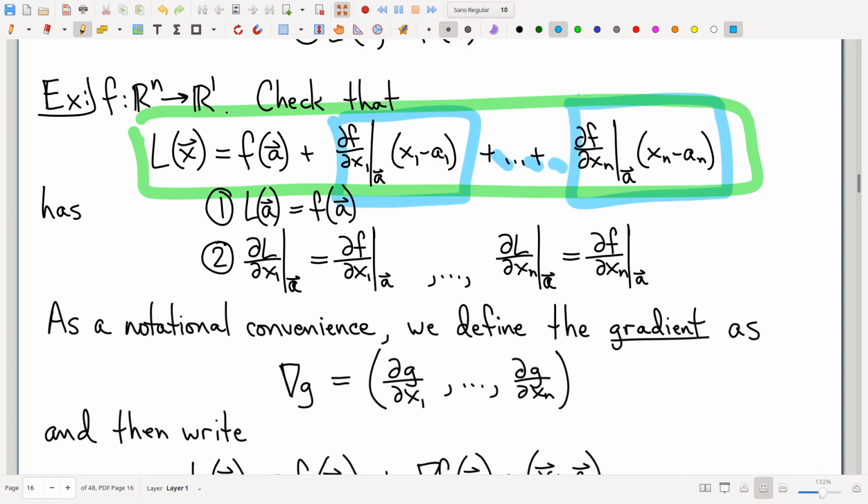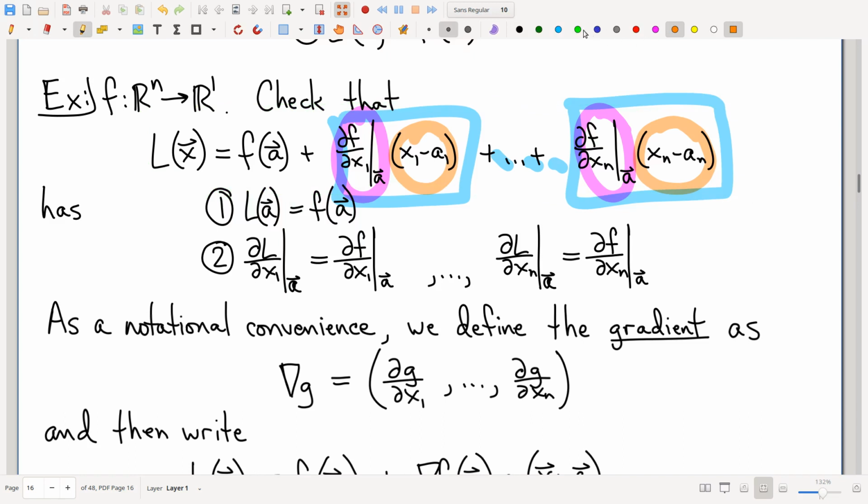You're also going to notice that in all of those terms, the first factors all kind of look alike. And you're also going to notice that in all of these terms, all of the second factors kind of look alike.